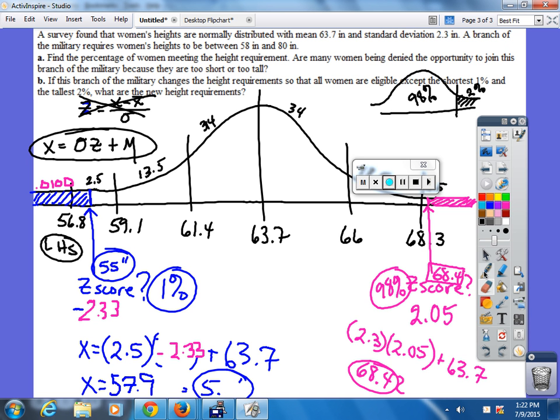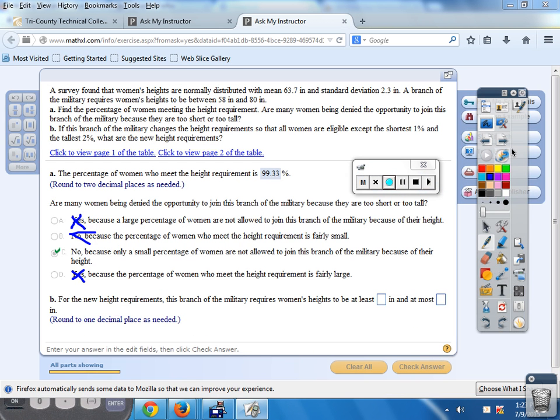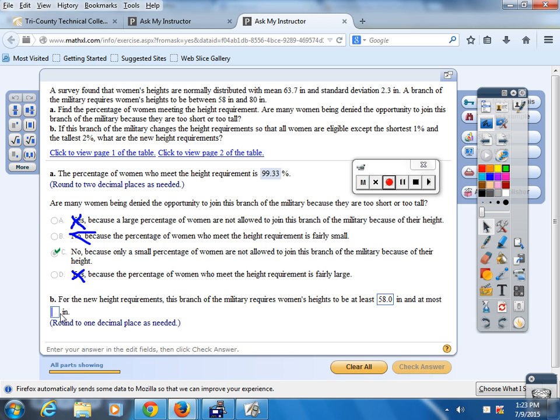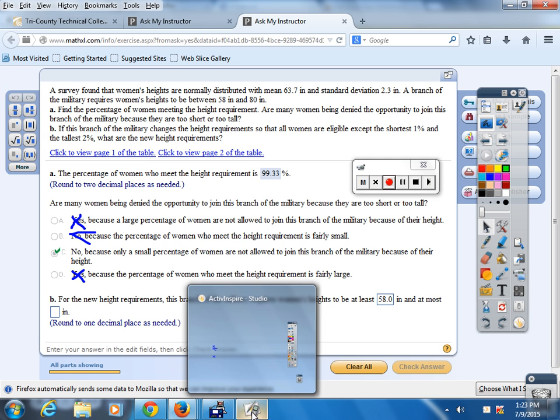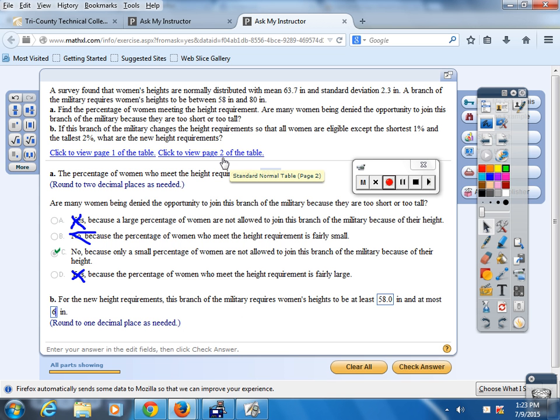Change that to an 8. Sorry about that. And the answer we said is 58.0. And what was the other one? 68.4.